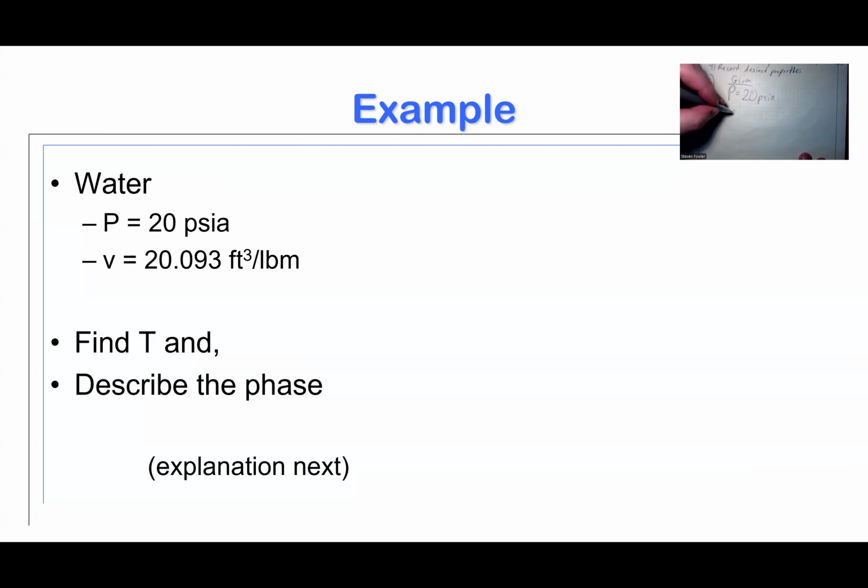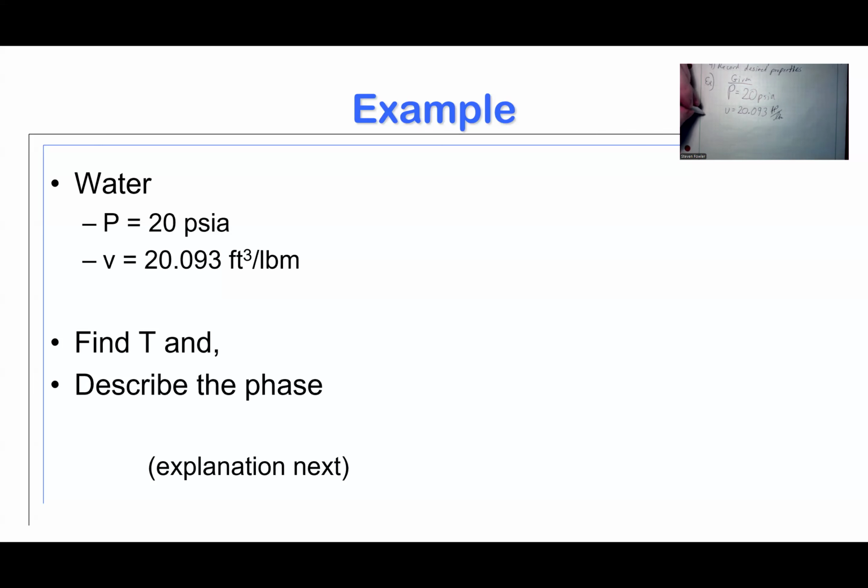I've got a very specific volume value. I say very specific because it's not very often we have 5 significant figures on something like this. That's too much to measure and not practical, but hey, they're giving it to us. That's okay. So specific volume, lowercase v, 20.093 cubic feet per pound mass.